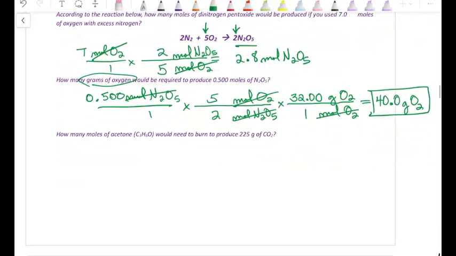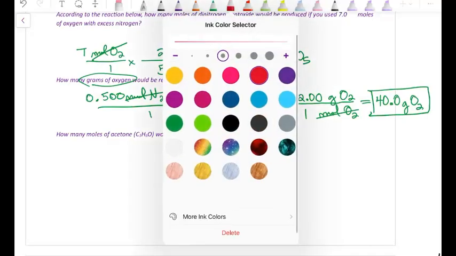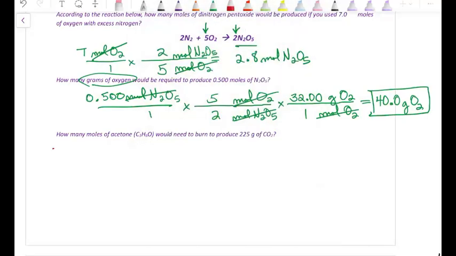This one doesn't supply us with a balanced equation. So let's work through this one a little bit together here. C3H6O is being burned. So hopefully you remember that means we're adding oxygen and we're getting CO2 plus H2O. Okay.